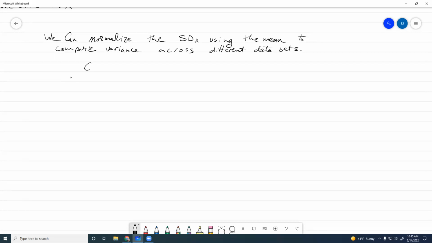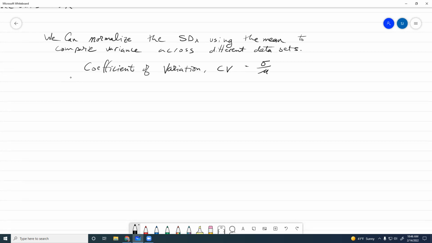And we'll define the coefficient of variation, or CV, as sigma over mu. So the standard deviation over the mean.